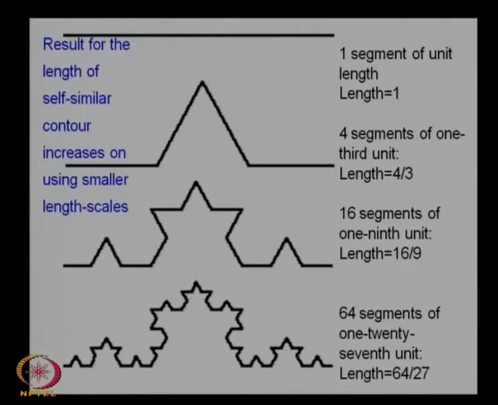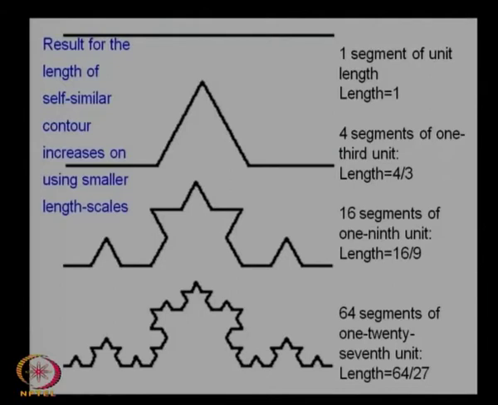So, the number which gives you the length, which is 16 by 9, is directly connected to the 4 by 3. Every time you are multiplying the previous number by 4/3. So, you begin with 1, then you get 4 by 3, then you get 16 by 9, then you get 64 by 27, right.